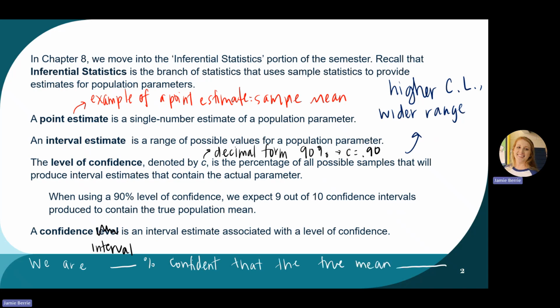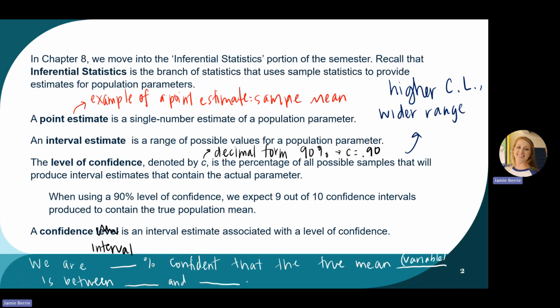That's where you would describe the variable. So you would just give some description of your variable, that the true mean blank is between, and then you would fill in your numbers. The numbers are going to come from when we calculate the confidence interval. Those two numbers are going to be the lower end of your confidence interval and the upper end of your confidence interval.